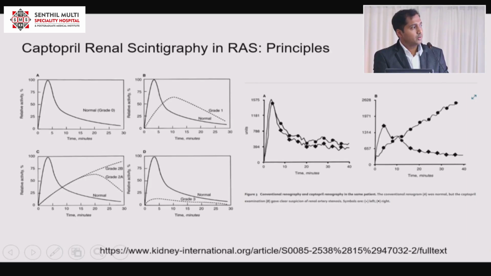This is one kidney and this is the other kidney. This is grade 1, this is grade 2A and 2B, and this is grade 3, with absence of uptake and peak in DTPA. Sometimes it can be masked. When the patient is given captopril, the efferent arteriolar constriction is blocked, which unmasks the primary lesion.